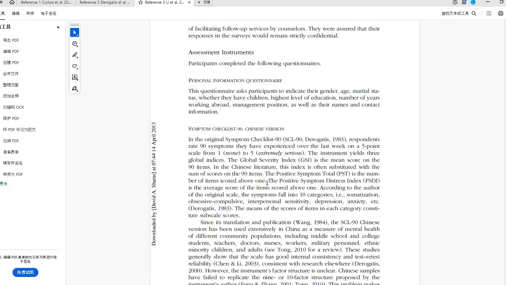Any item rated 2 or more is counted as positive. There's also the positive symptom distress index. This is the average score on the items scored above 1, the average of positive items.